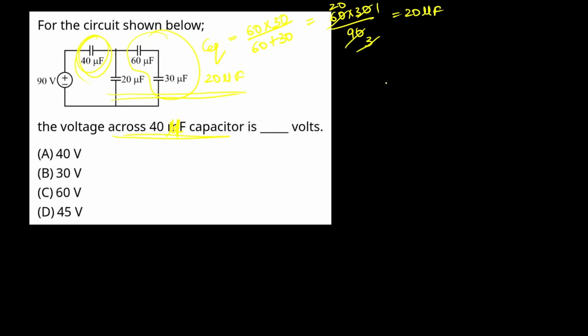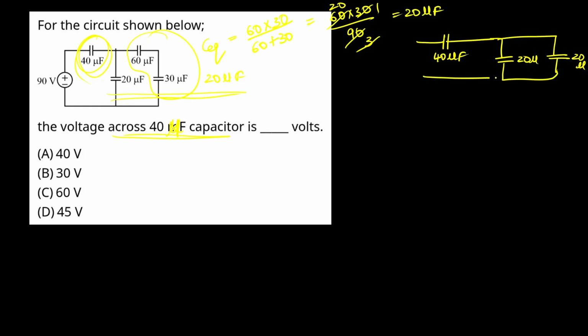Therefore this circuit would look something like this: 40 microfarads, 20, here 20 microfarads. Okay, so the equivalent is 40 microfarads plus 20 plus 20, 40 microfarads.